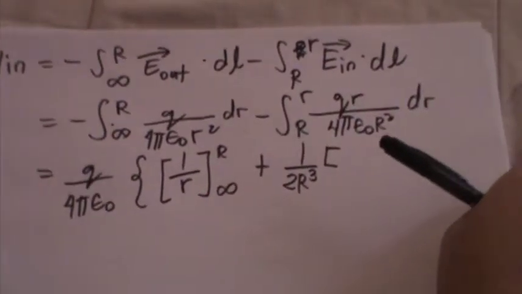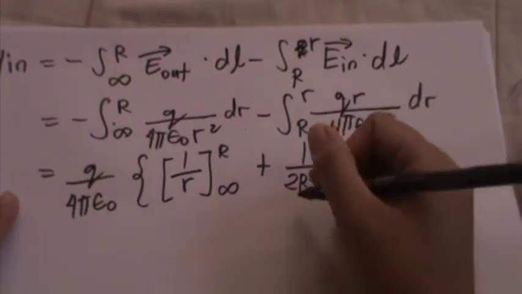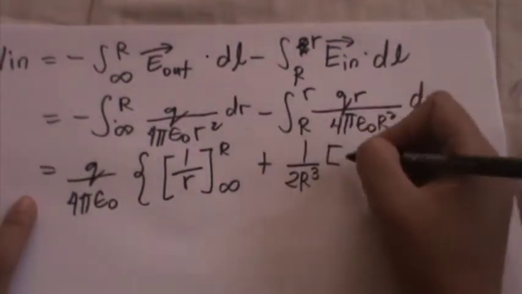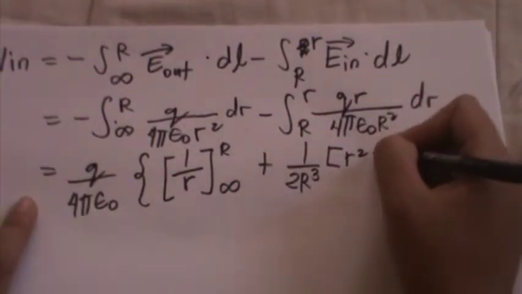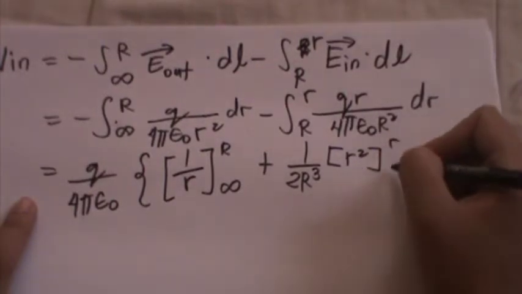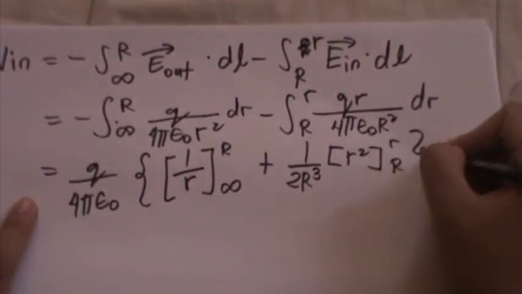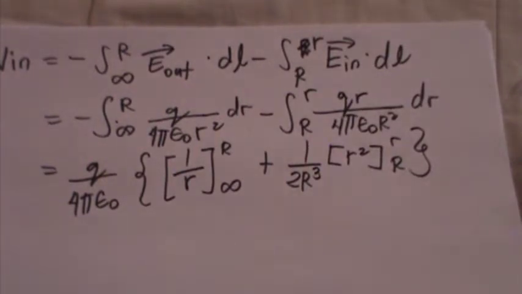So let's go back. 1 over 2R cubed, R squared and R. Okay, and then how did we get this one?